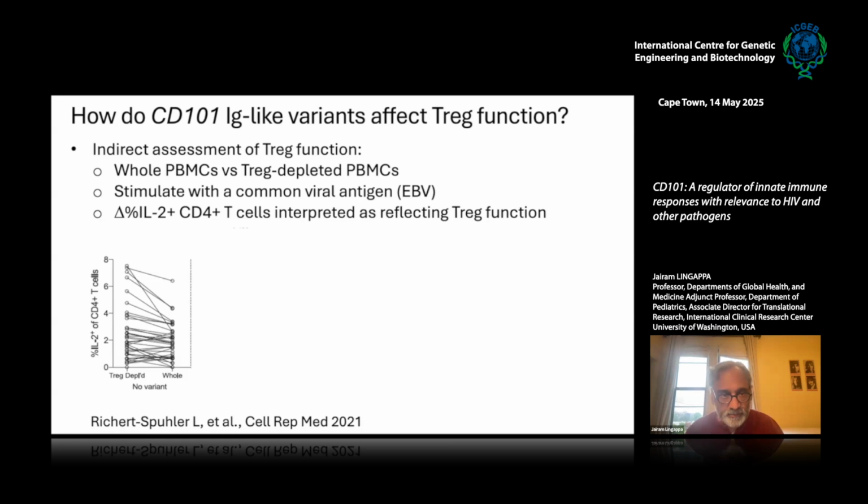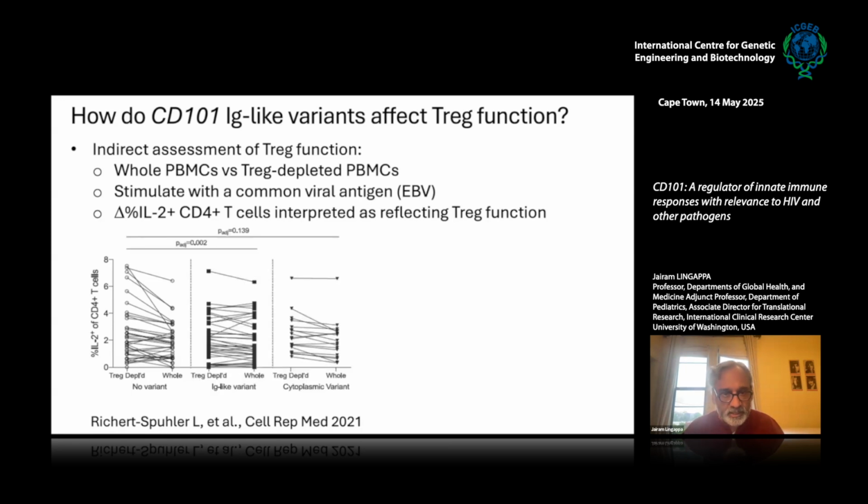Well, when we did that experiment with Ig-like variants and cytoplasmic variants, we found that Ig-like variants showed a significant reduction in regulatory T cell function. So as you see, the Treg depleted did not change as dramatically from the whole PBMCs, because the Tregs in the case of Ig-like variants were less functional, and therefore you get less of a change in the activation of CD4 T cells by removing Tregs.